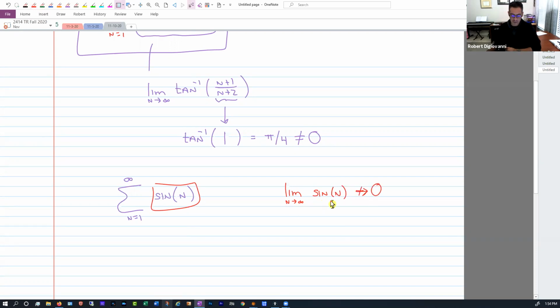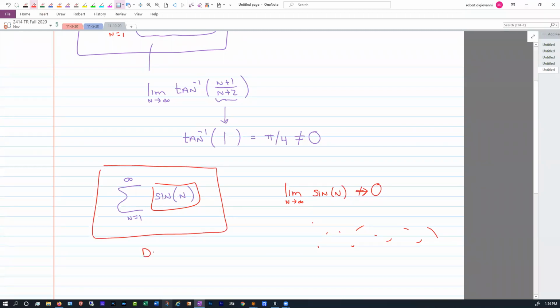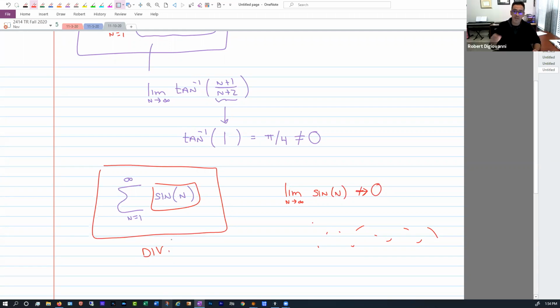No. As n goes to infinity, that thing is scattered all over the place, up and down, but it's definitely not going to 0. And so your conclusion would be that this series diverges. As long as it's anything other than 0, you're guaranteed divergence. Good question, Cameron. Did I address that question?